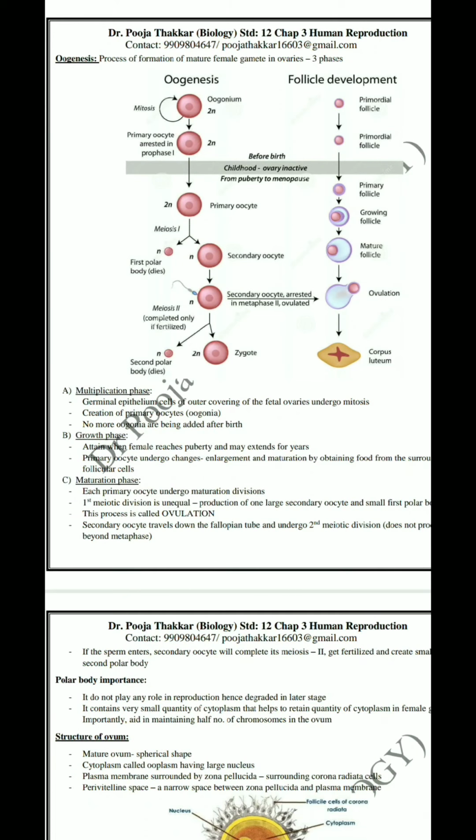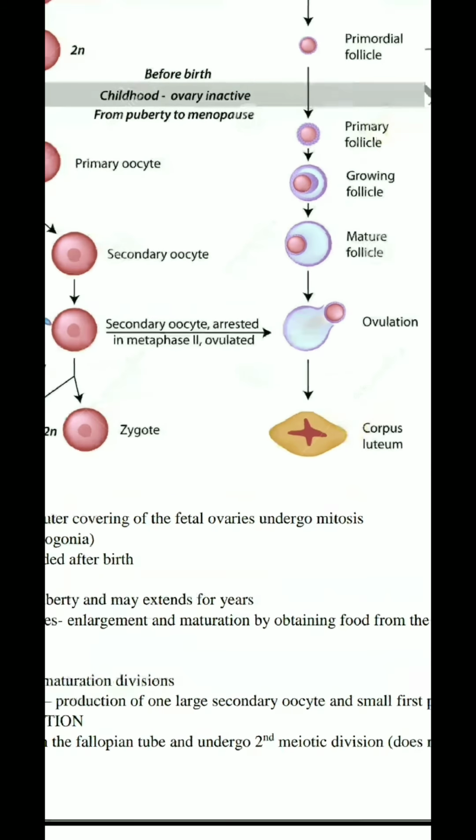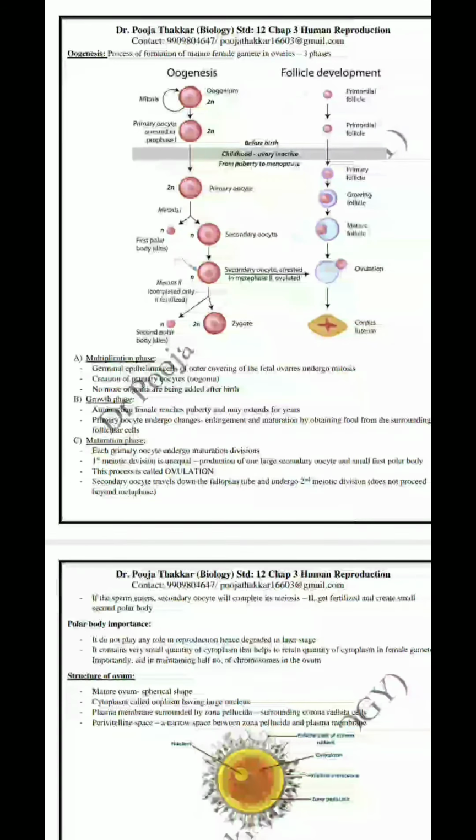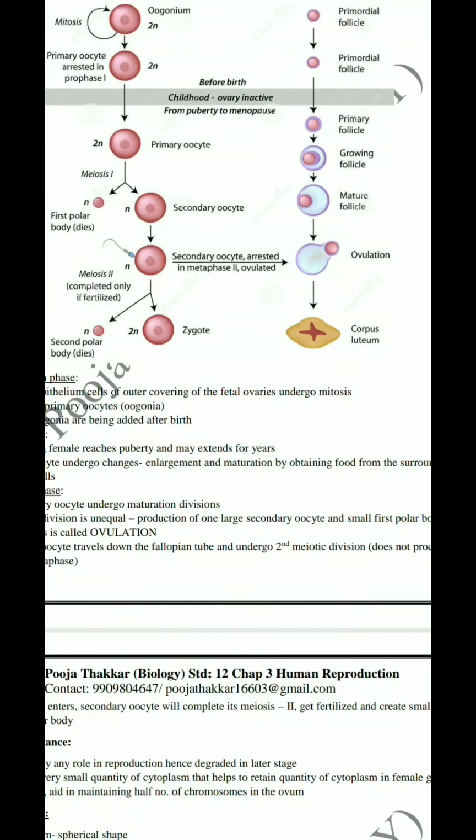So in each of the conditions of oogenesis, after childhood, you can say from puberty to menopause, every 28 days a cycle begins, in which the first 4 days can be considered as menses. After that, the coming 14 days will be considered as the follicular phase. As you can see here, the follicles will grow and produce the mature secondary oocyte, and then the last phase will be considered as secretory phase, or it can also be considered as luteal phase, in which the corpus luteum formation occurs.